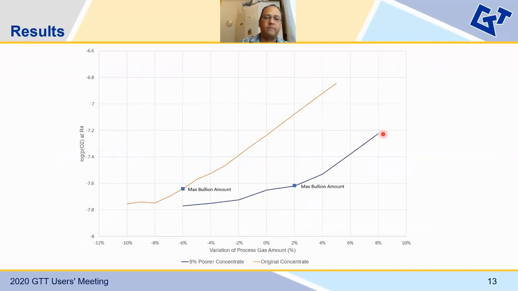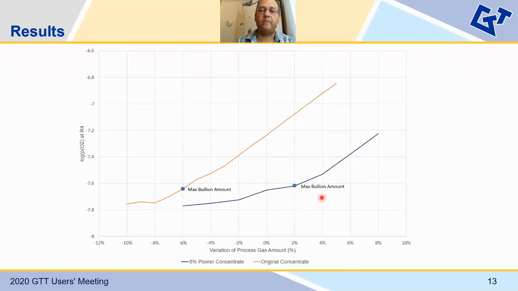To understand this, we take a look at the two situations. When you plot the log of the oxygen partial pressure at R4, that is to say the bubble, as a function of the variation of the process gas amount, you see, quite interestingly, that the point which corresponds to the maximum bullion amount in the two situations corresponds to more or less the same oxygen partial pressure.